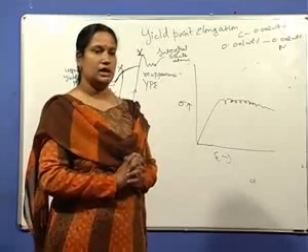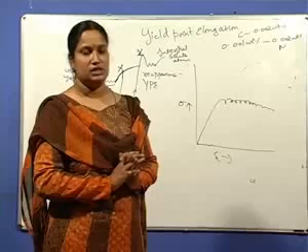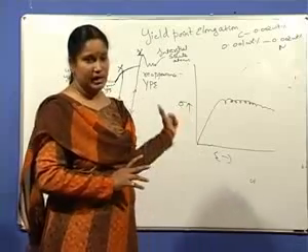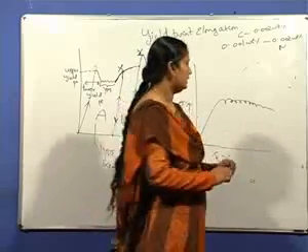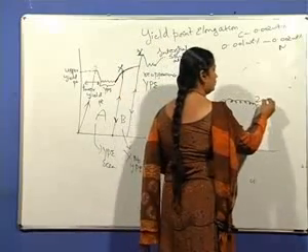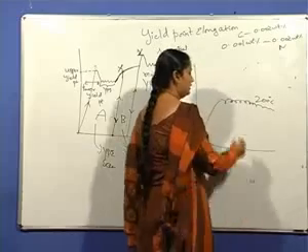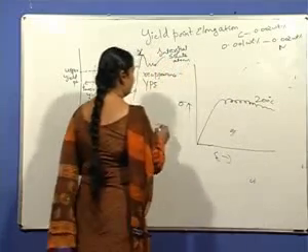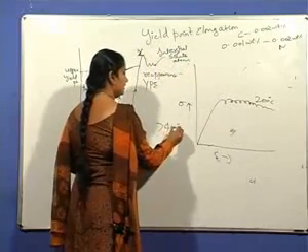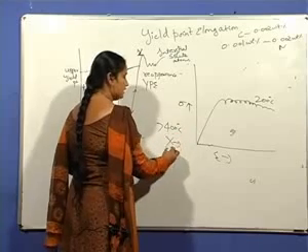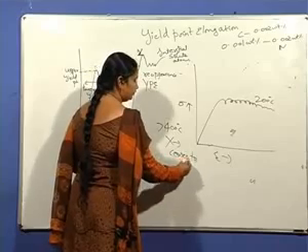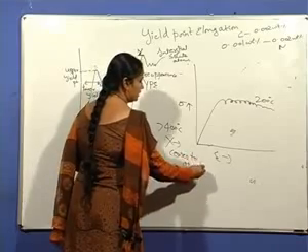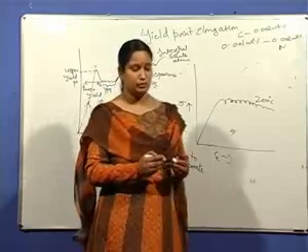So this is about yield point phenomena, and strain aging, which is static, and dynamic, which occurs at slightly higher temperatures, that is around 200 degrees centigrade. But at greater than 400 degrees centigrade, this effect is not seen, or it ceases to operate. The reason is, at such high temperatures, thermal vibrations are more intense.